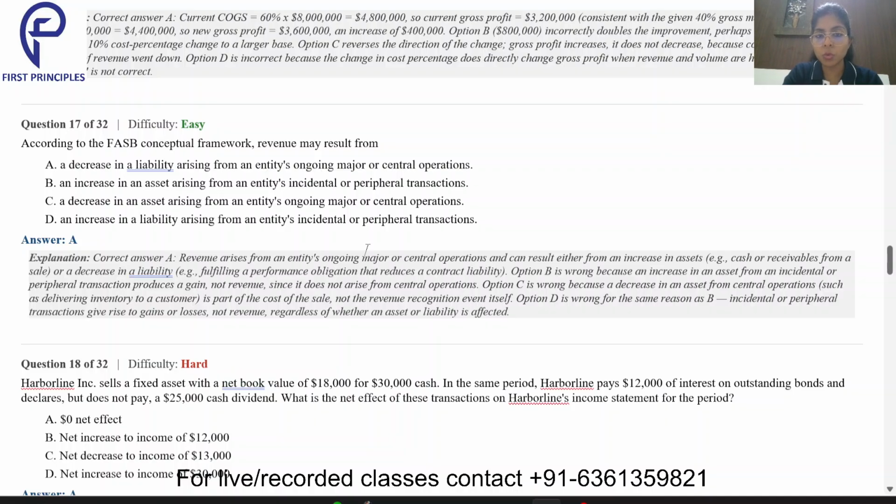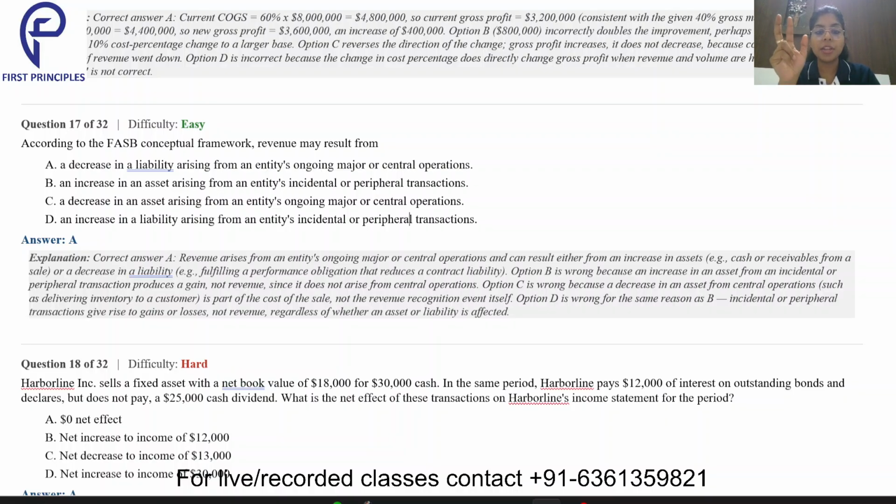These two terms are mentioned. What do major or central operation and incidental or peripheral transaction mean? Major or central operation means what the business actually does, what the purpose of the business is, what it does on a day-to-day basis. Whereas incidental or peripheral transaction means something that has happened out of the blue, suddenly.